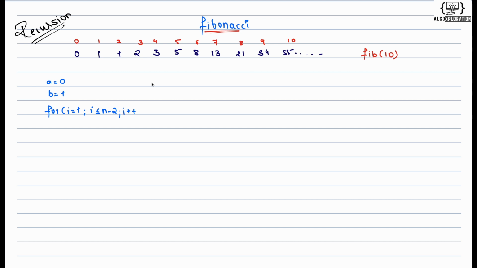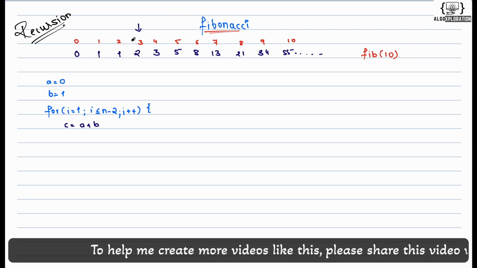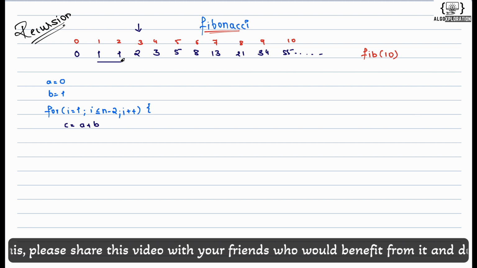Now inside this for loop I'm going to have c equals a plus b. So this number is nothing but the addition of the previous two. Now if you observe, when we want to find the Fibonacci of 3, it will be nothing but the addition of these two, right?